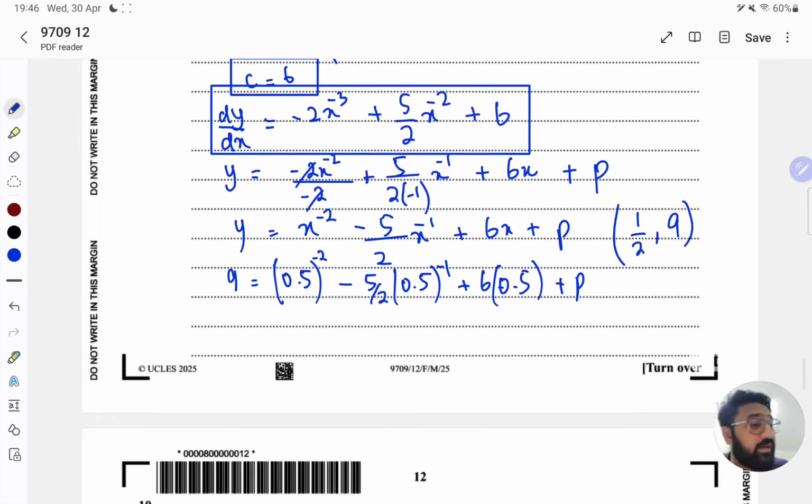If we simplify further, the value for p will be 7.